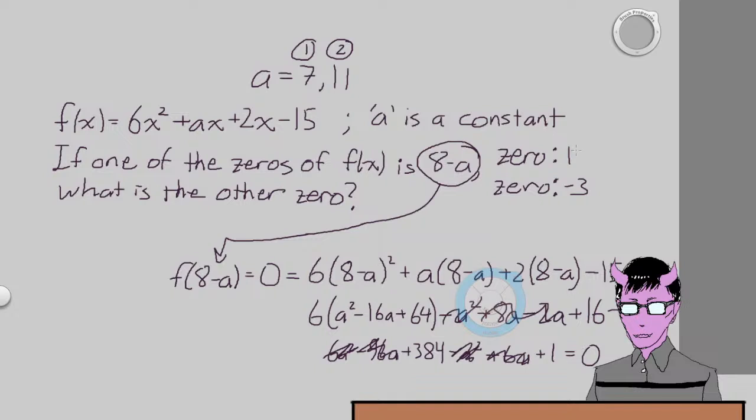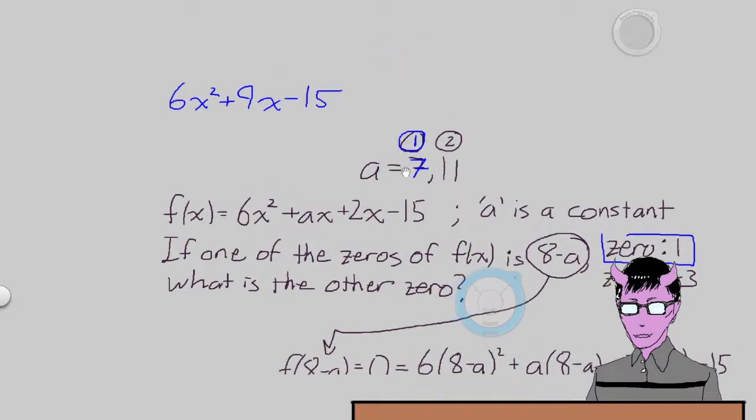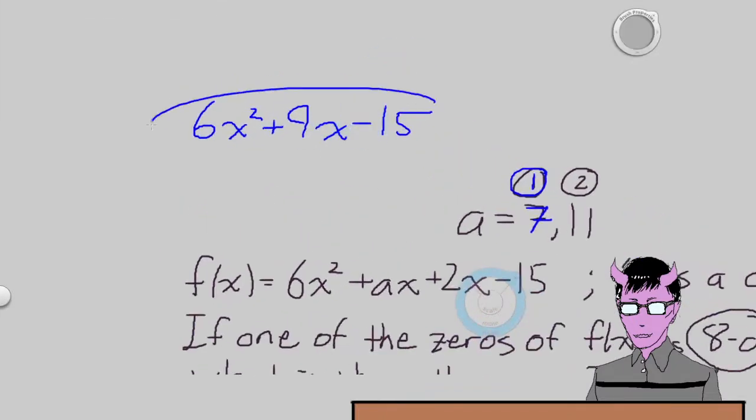Okay, so let's color code this. We're going to color code this as the blue scenario. Assuming a is equal to 7, we're going to combine those two together. We get 6x squared plus 9x minus 15. Is this a nice situation? Yes, we could factor out 3 from each of these terms.